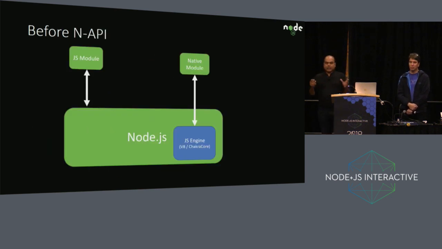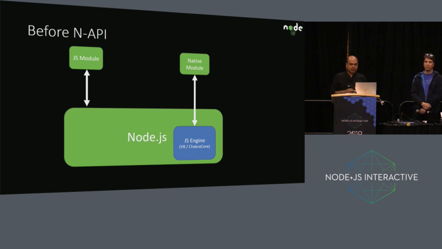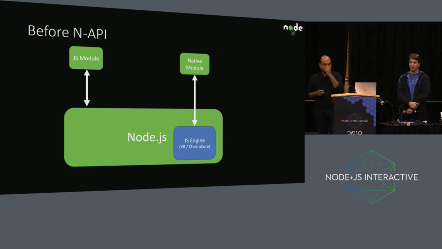So before there was N-API, there was no ABI stable layer in Node. So native modules used to bind directly to the JavaScript engine. And they would take a dependency on the version of the JavaScript engine inside the Node release.